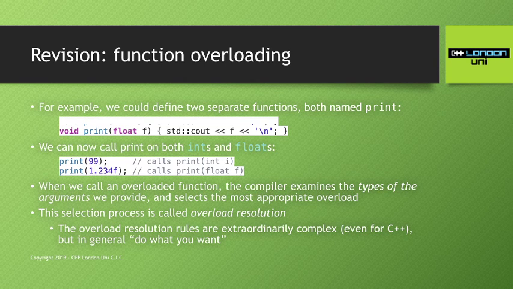Whereas with a conversion from a double to a float, yes, we lose some precision, but we still have a lot more precision than if we just truncated it to an int. So the overload resolution rules for this case, if we tried calling print with a double, would say, okay, well, I haven't got an exact match. Which of these two is better? Well, a conversion to float is, in some sense, less bad than a conversion to an int.